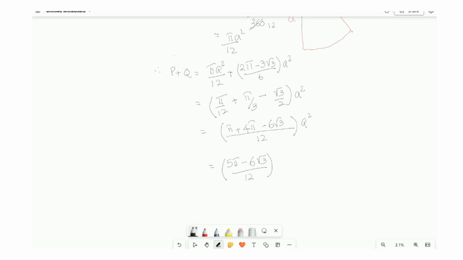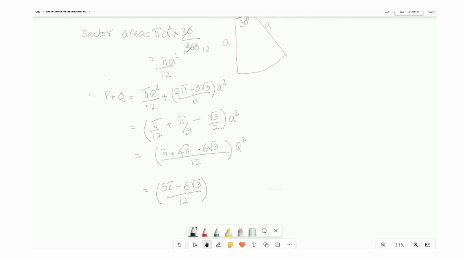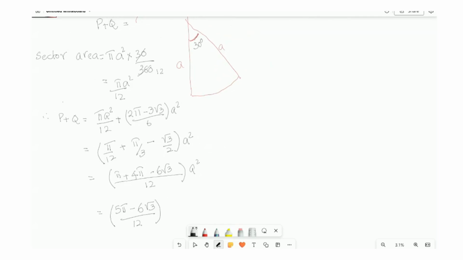Now I have found two simultaneous equations. That is 2p plus q equal to (π − 2)/2 a².